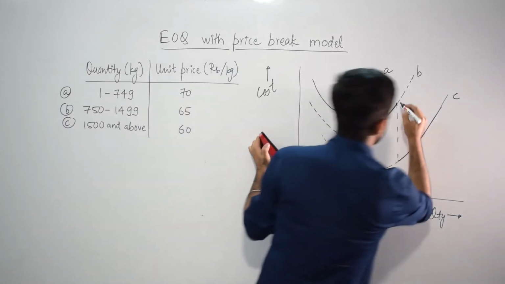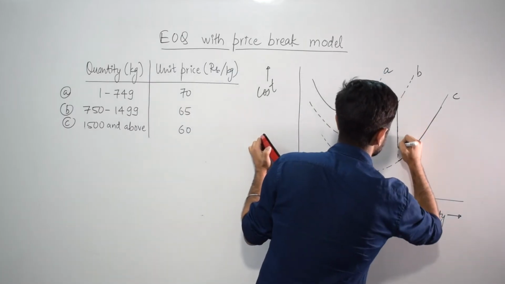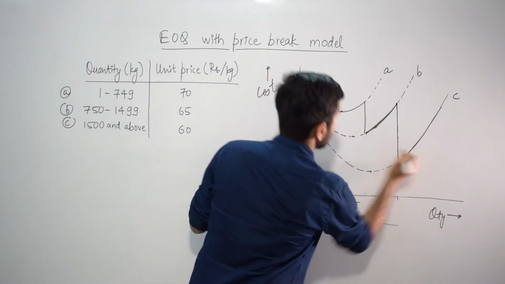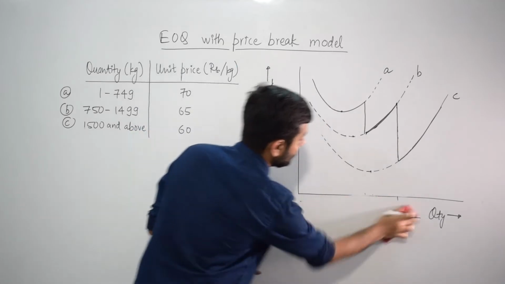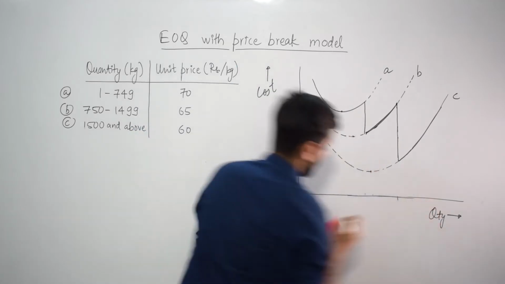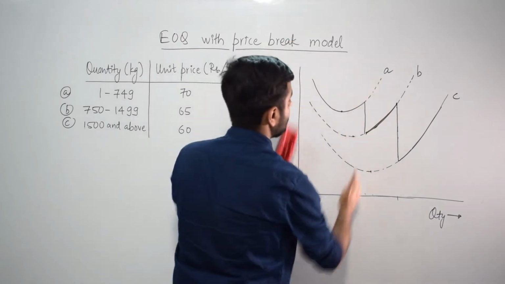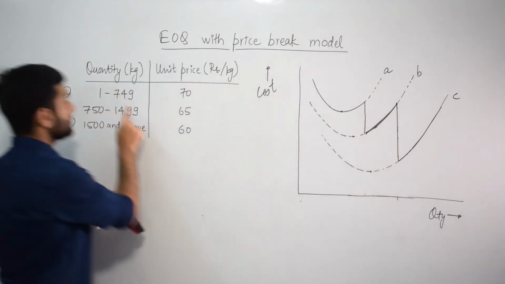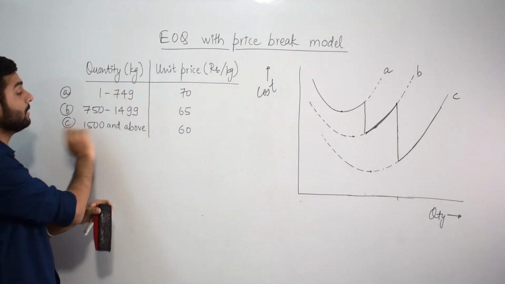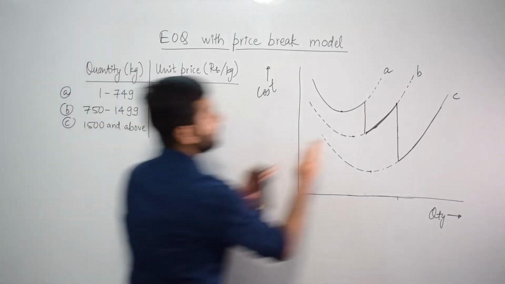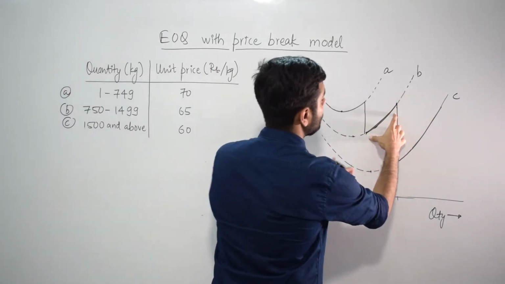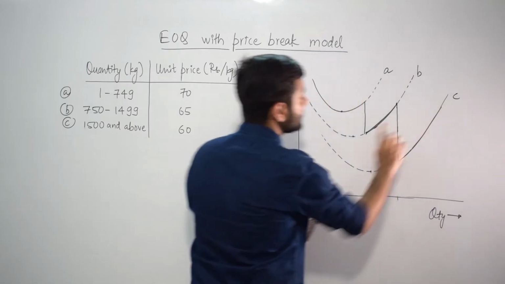So you will be able to see that for a certain quantity, curve A is applicable. Then for the next range of quantity, B is applicable. Then for the next range of quantity, C is applicable.